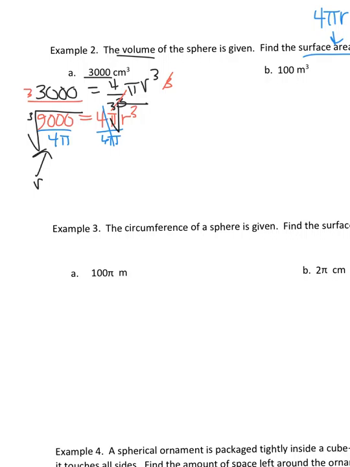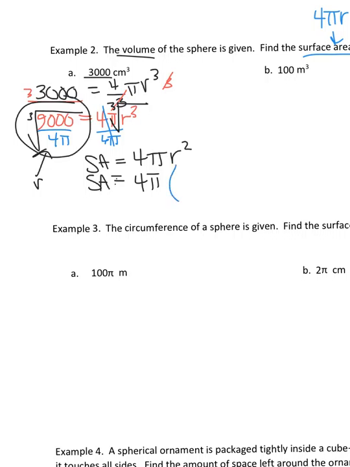So I'm just going to keep this number in my calculator, and I'm going to do surface area equals 4 pi r squared. Surface area equals 4 pi. Now r is this stuff over here. So you're going to do the square root, not square root, sorry.